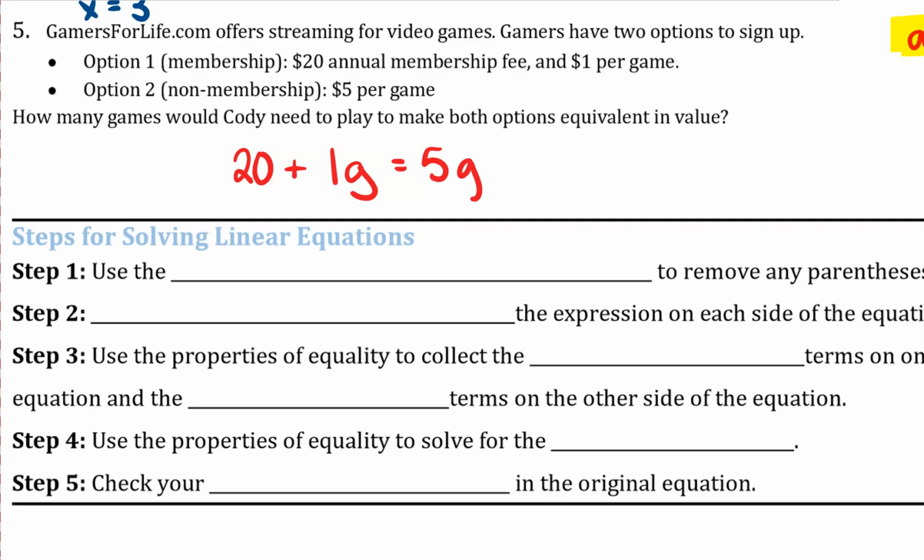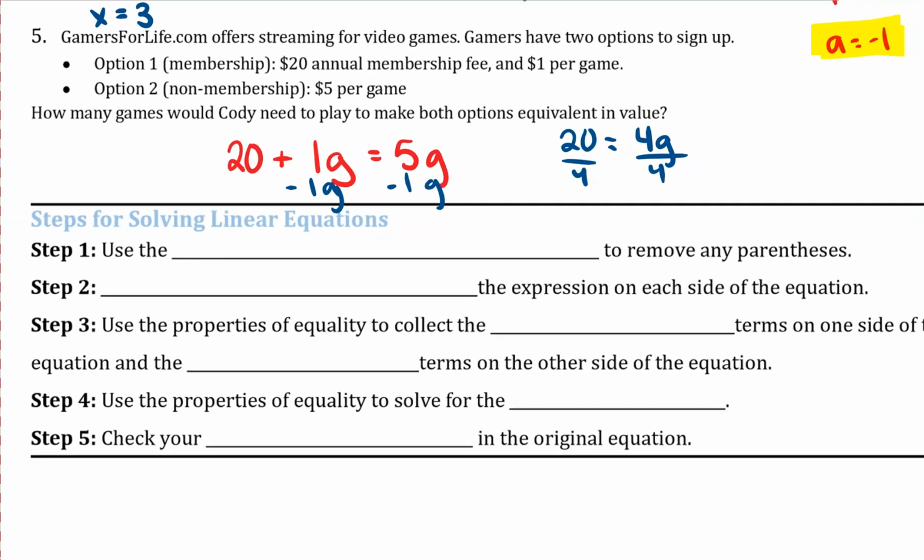All right, when I solve, I'm going to move this G to the other side. So I'm going to subtract 1G. So I'm going to be left with 20 equals 5G minus 1G is 4G. And then to get rid of the 4, I divide by 4.